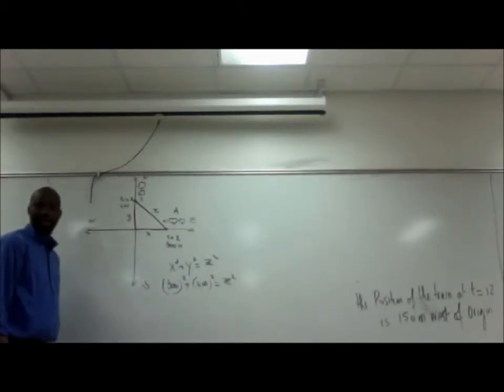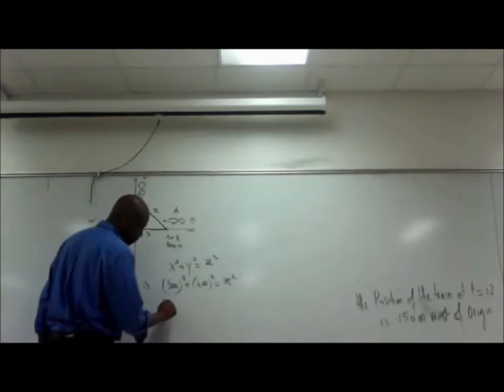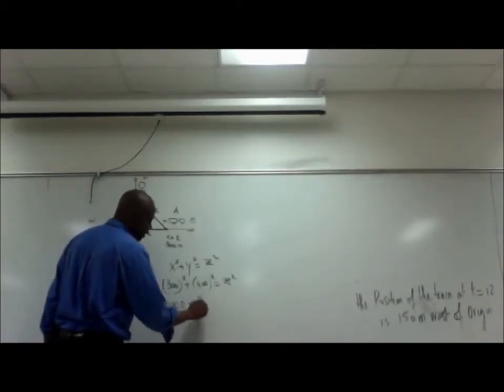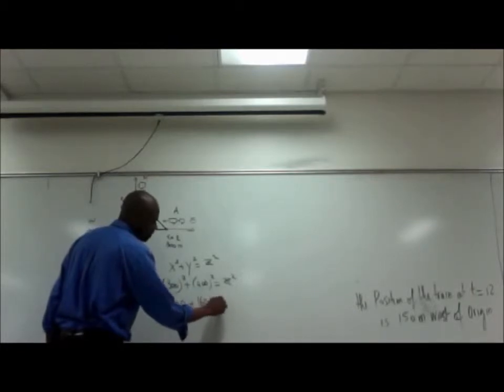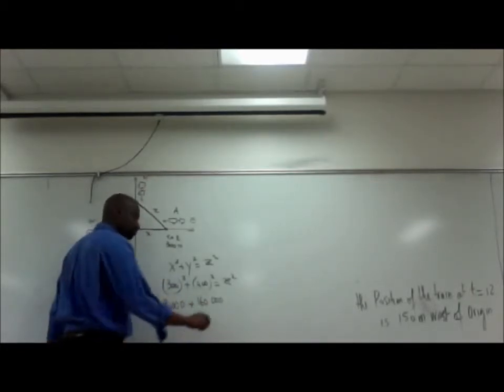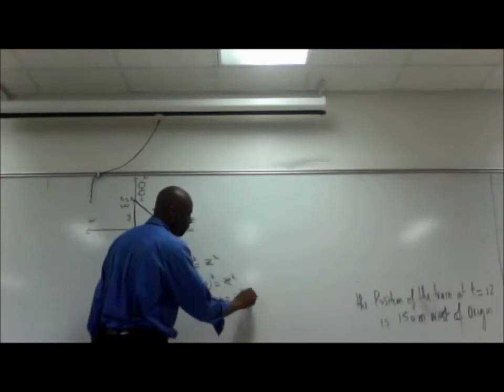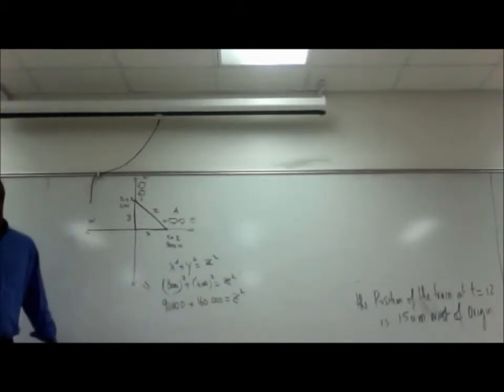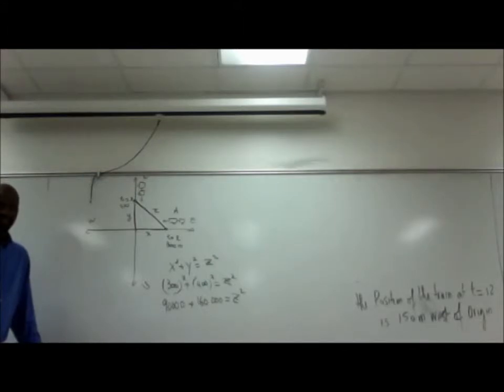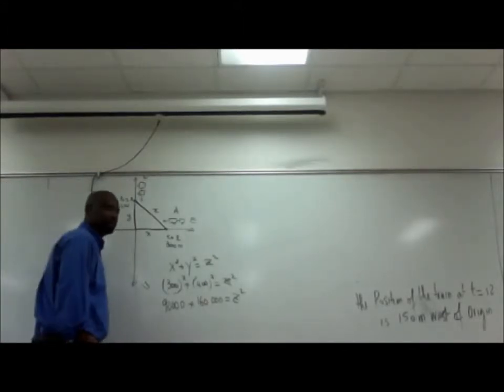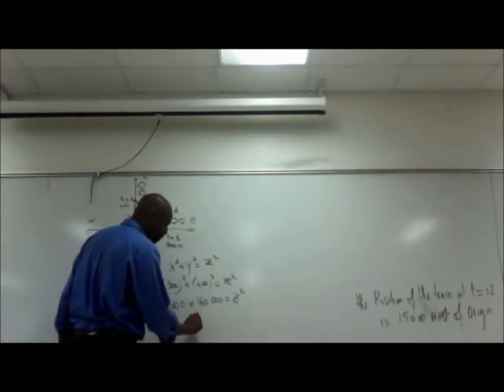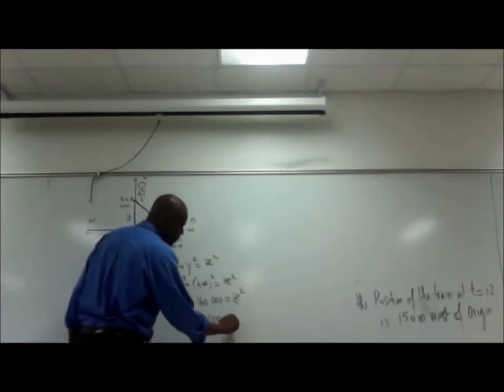300 squared is 90,000, plus 400 squared is 160,000. So that will be 250,000 equals Z squared.